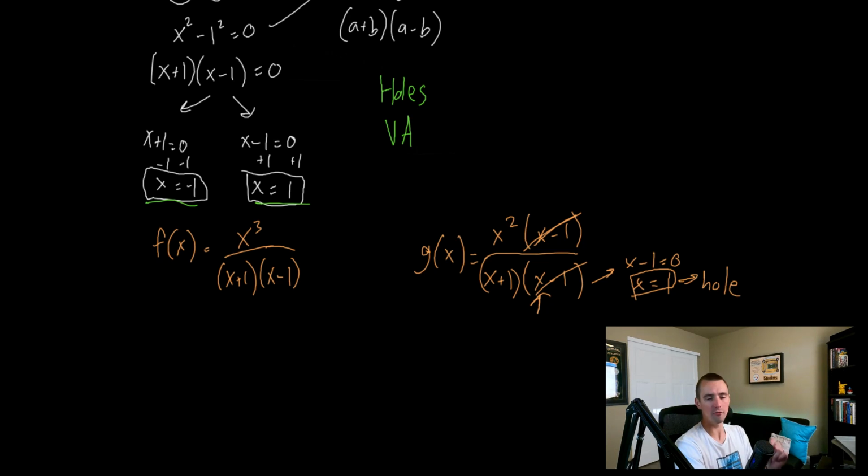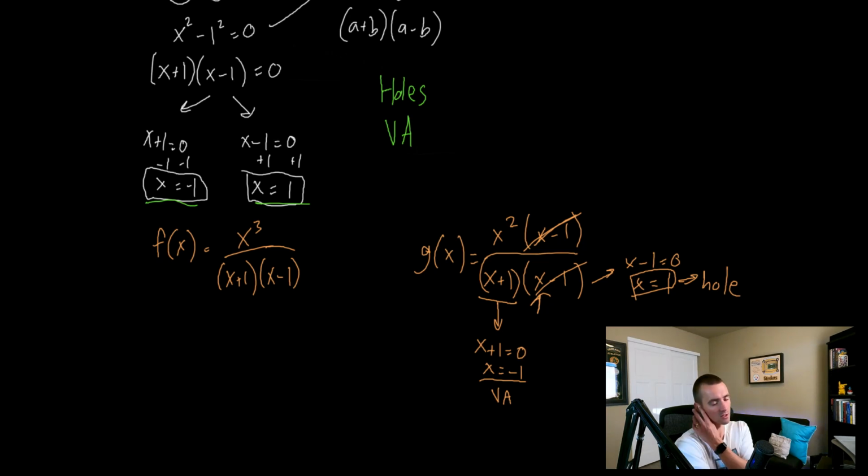So if the factor cancels with something in the numerator, that tells you that x value would be a hole and not a vertical asymptote. If the other factor does not cancel, then the x value that caused that factor to equal 0, in this case x equals -1, would be a vertical asymptote because it did not cancel.